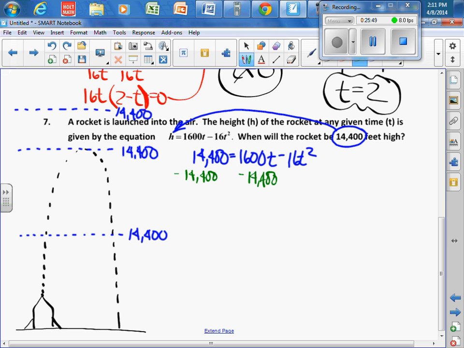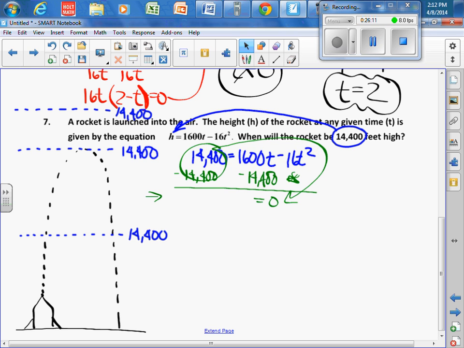Well, let's see now. I'd like to have my 0 on the right side. So I'm going to take this and move it over here. And I'm going to take what's on the right side, this stuff, and put it over here. Now, I like to have things in descending powers. It's just being meticulous, right? So I'm going to take my negative 16t squared. This one right here, it's going to come first, negative 16t squared.